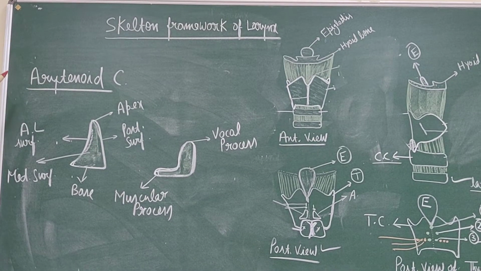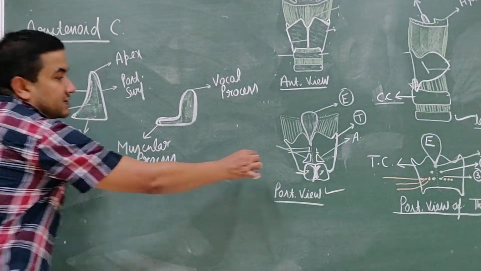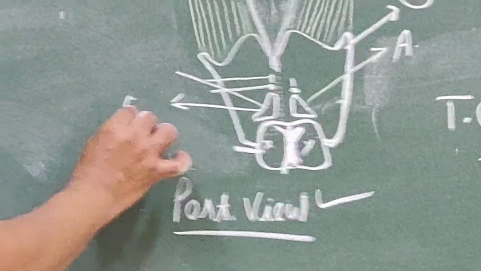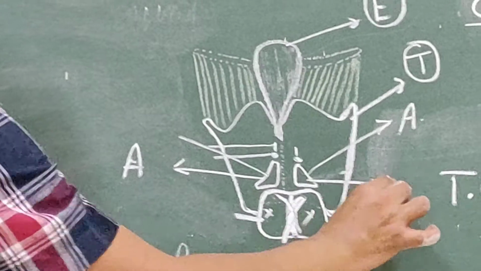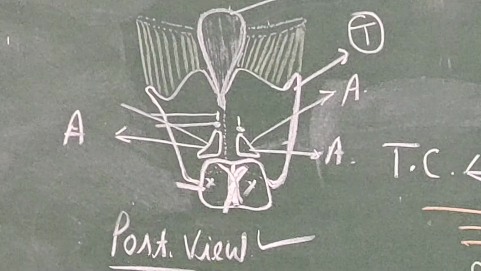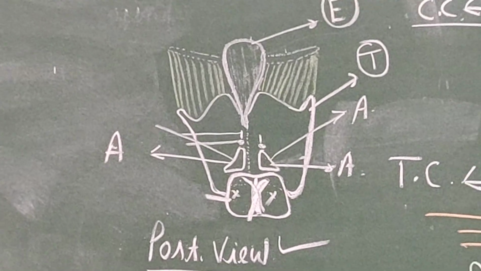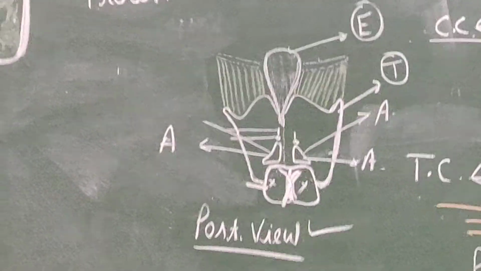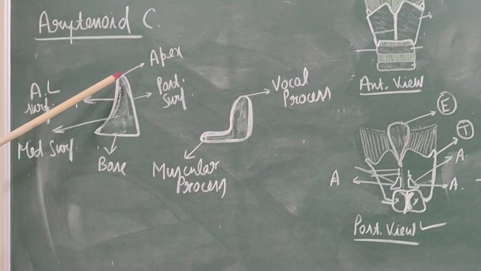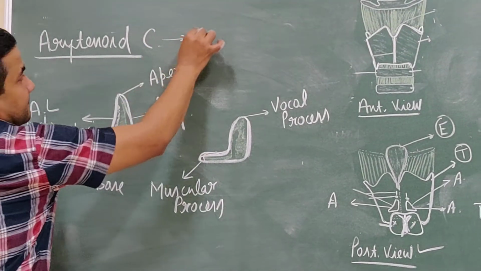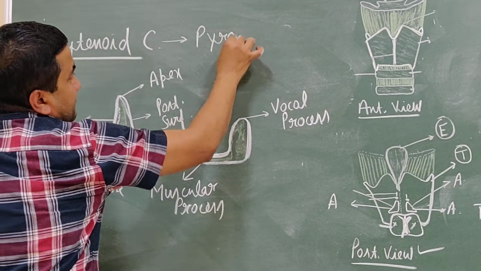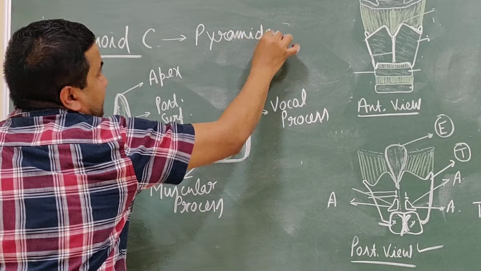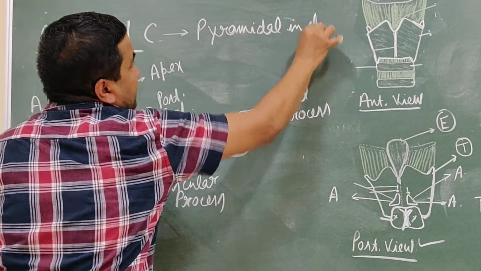Now the arytenoid cartilage. This is the arytenoid cartilage. These are paired cartilages, and the arytenoid cartilage is pyramidal in shape.